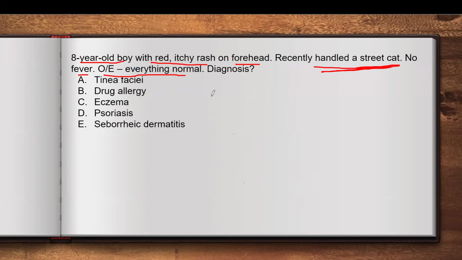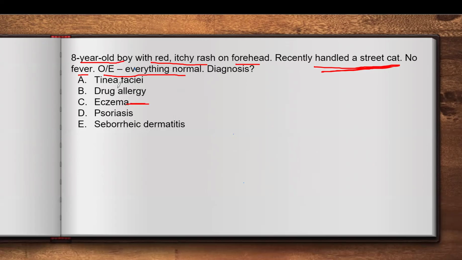Yes, so this question usually comes with a picture in the exam. That is why it is important to look at the pictures, and you should know how different diseases look. Eczema's most common presentation is on the flexure areas, like the elbows or the back of the knees.